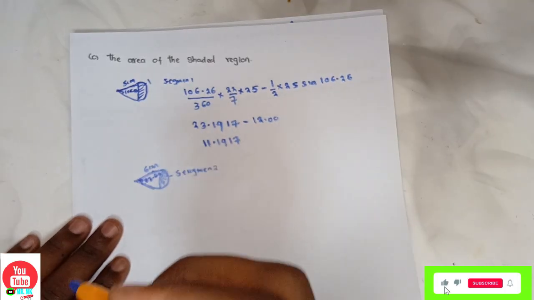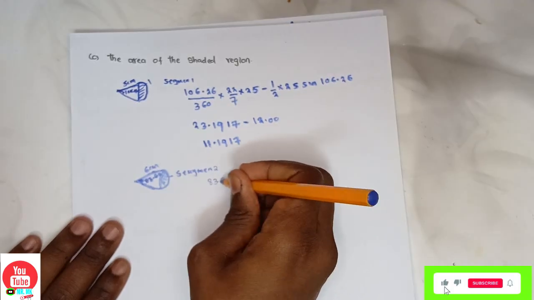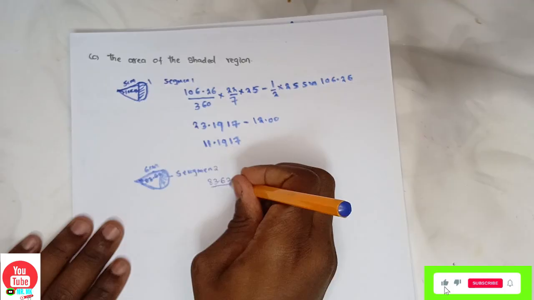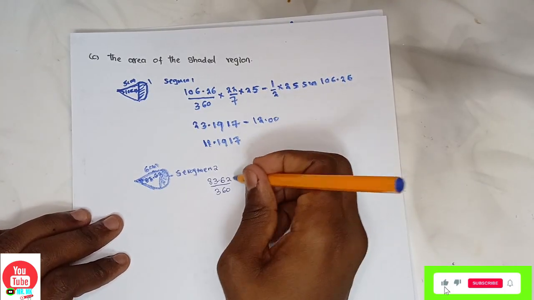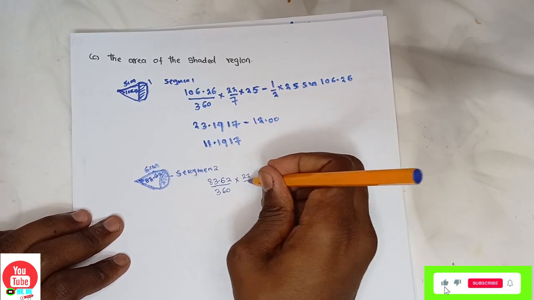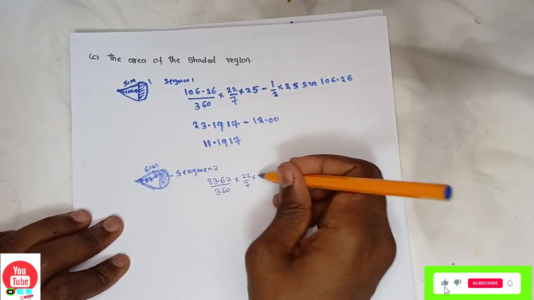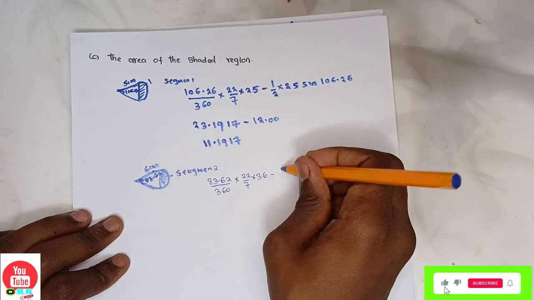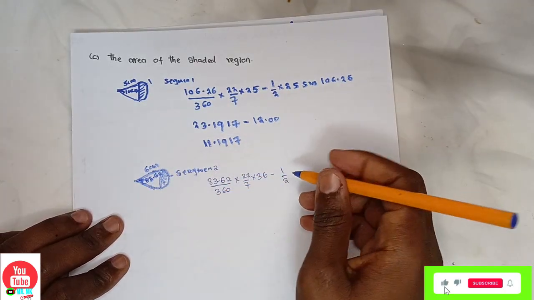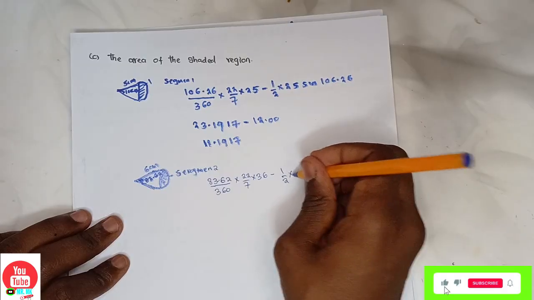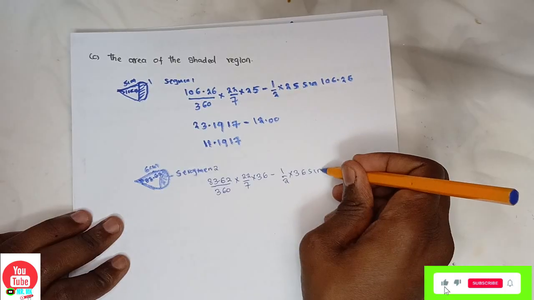Theta is now 83.62 over 360 times 22 over 7 times r squared, which is 6, that is 36, minus a half the area of the triangle, that is a half times 6 squared, that is 36, sine theta.